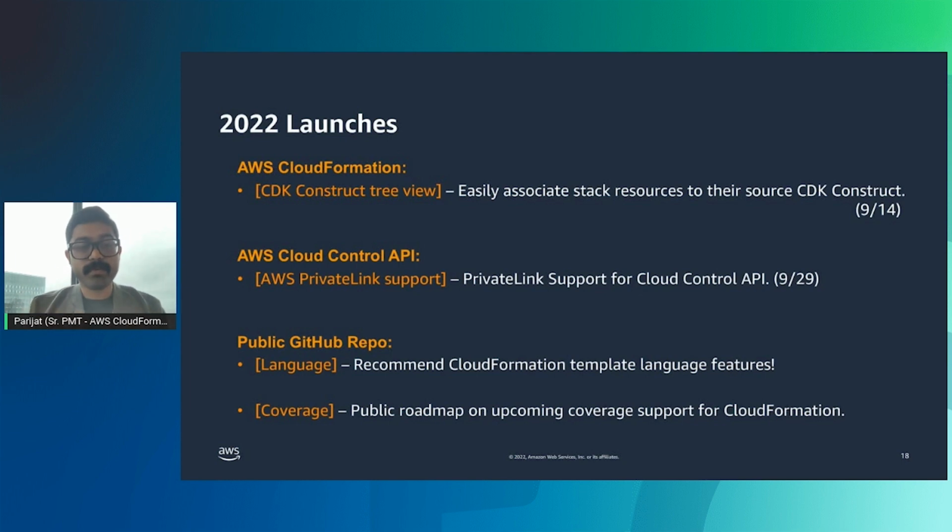The second public roadmap is the coverage roadmap for the upcoming coverage support for CloudFormation. If you have any questions about resource types that CloudFormation will support, any bugs, or any improvements that you want to recommend, just go to our GitHub repo. We're actively tracking it. We have a lot of support and engagement in these public roadmaps. So excited to see you all there with the interesting ideas that you have.